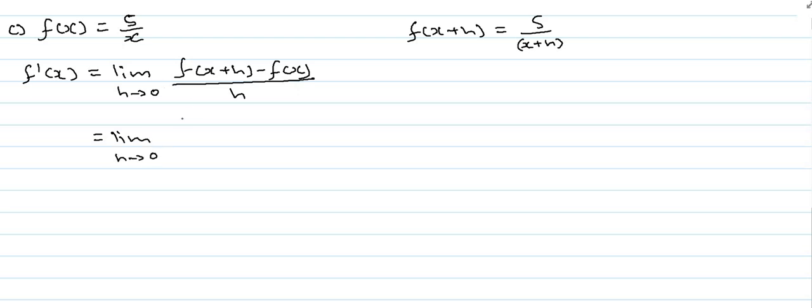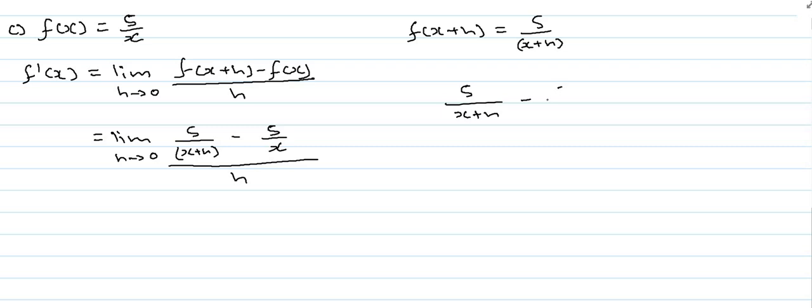Where we see f of x plus h, we substitute 5 over x plus h minus f of x, which is 5 over x, all divided by h. Then we need to simplify 5 over x plus h minus 5 over x.